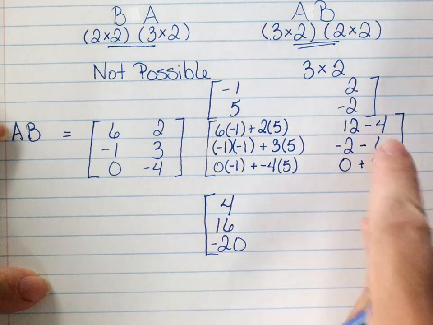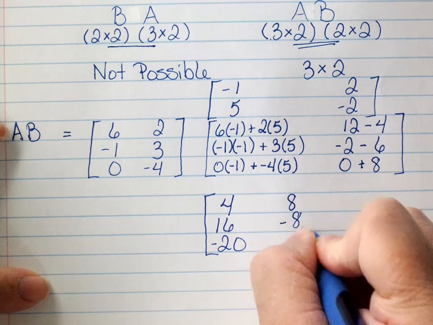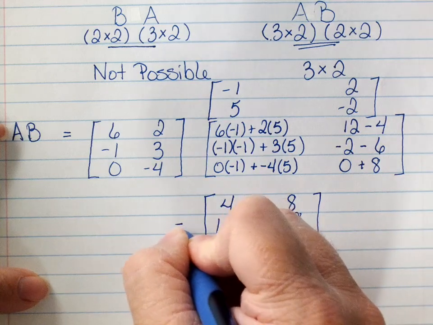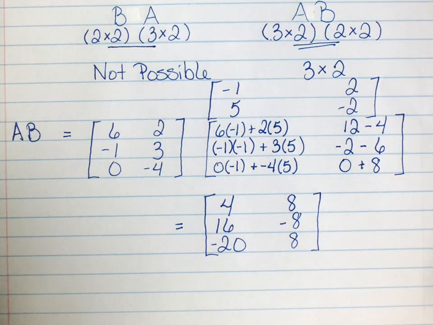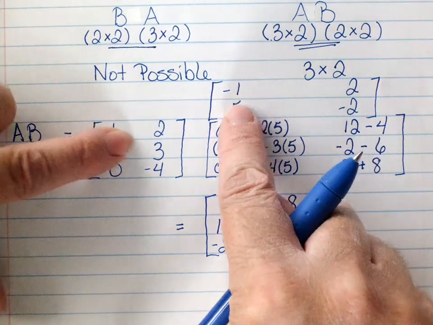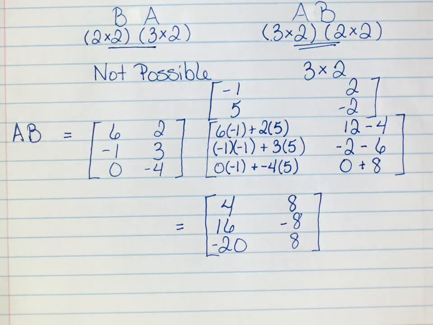And then I've got 8, negative 8, and 8. This is the resultant matrix. That is what A times B is equal to. And we got that from just literally following our fingers and getting the elements that way.